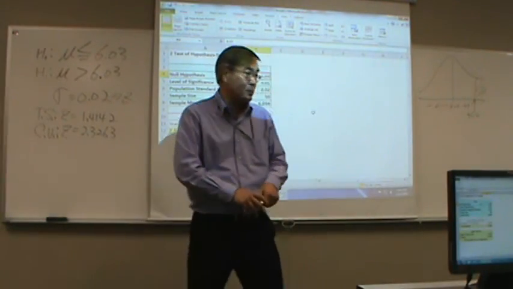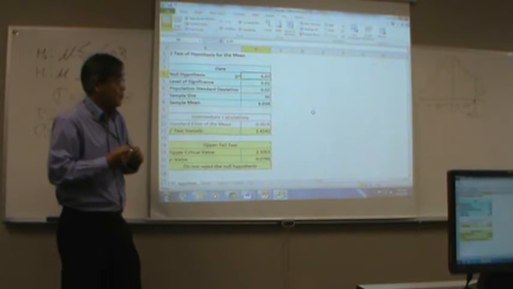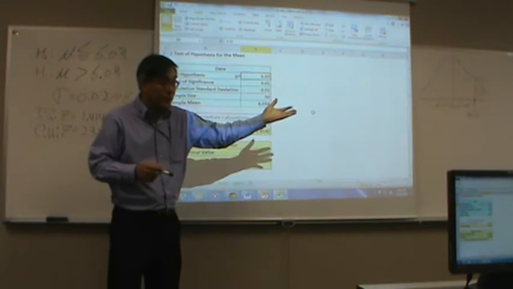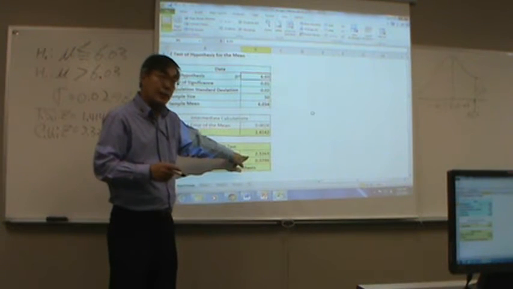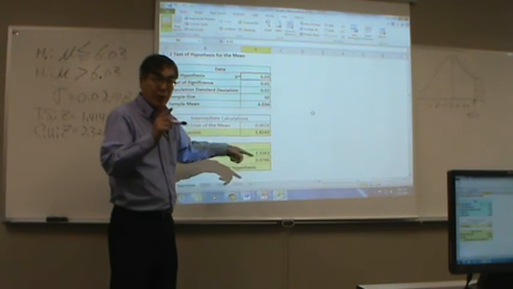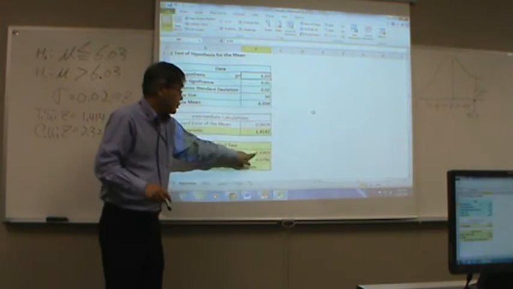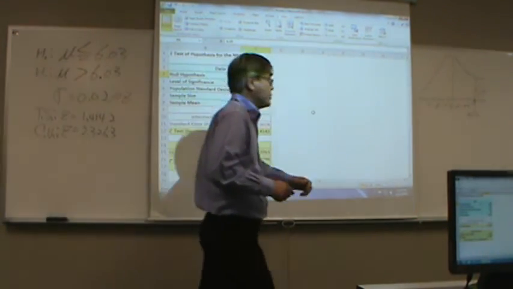After you run PHStat, if you think it's right tail, but critical value is negative, your answer is wrong. Okay? So check. So 2.3263 positive is okay.